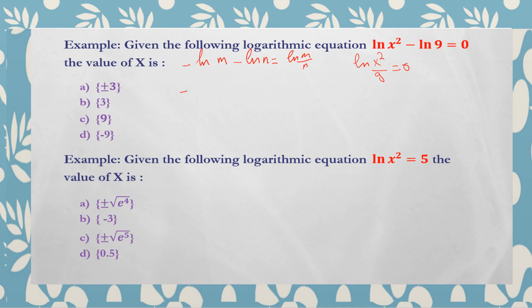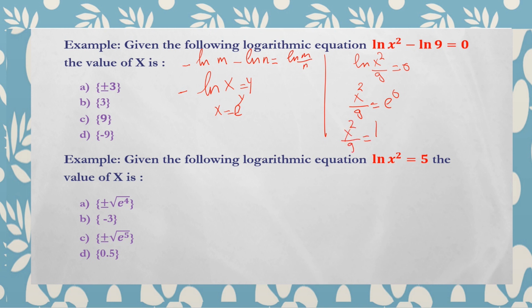Again, recalling another property which says that when we have ln x equals y, this means x equals e power y. So in this case, we can say that x squared over 9 equals e power 0, and e power 0 equals 1, so x squared over 9 equals 1.